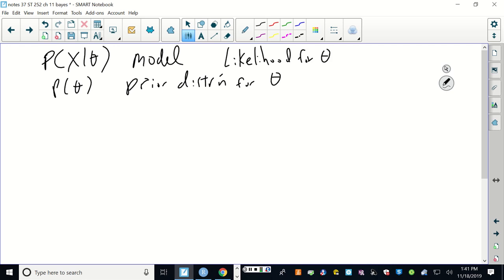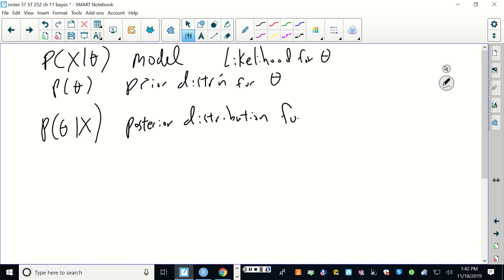And what we want to do in Bayesian analysis is reverse this. Reverse conditioning. So we have a posterior distribution for theta, for the parameter, given our data. This is the posterior distribution for theta.